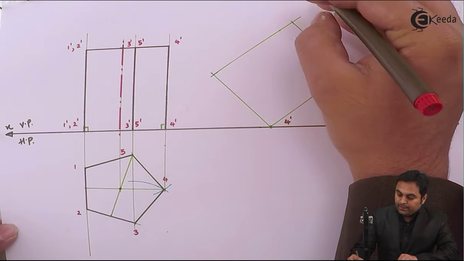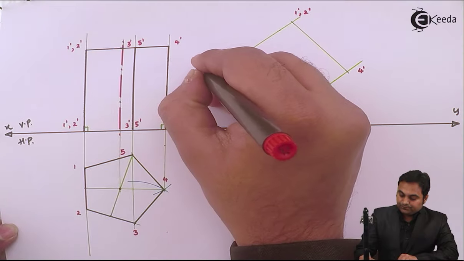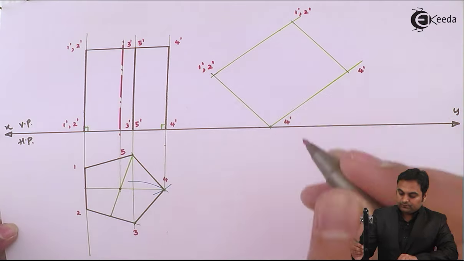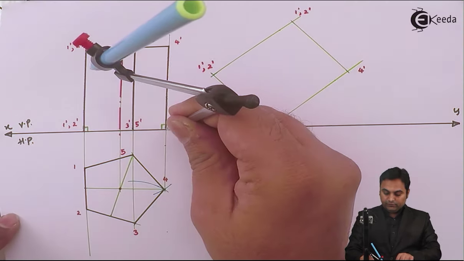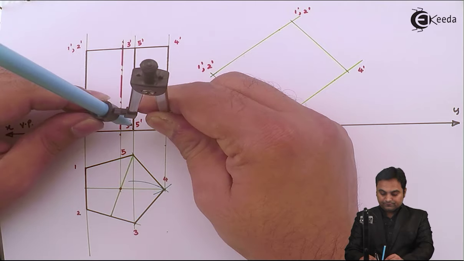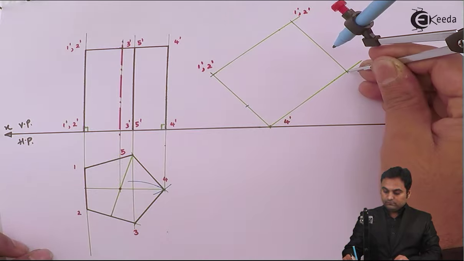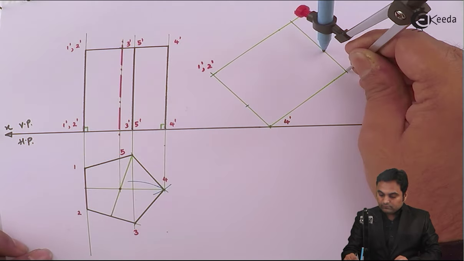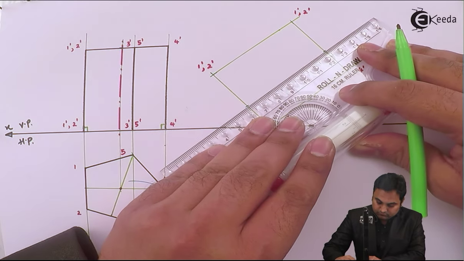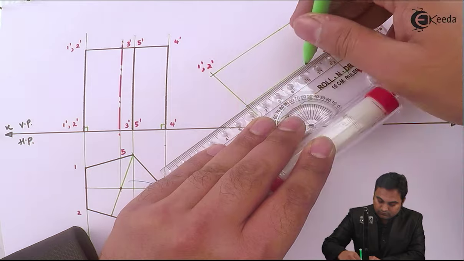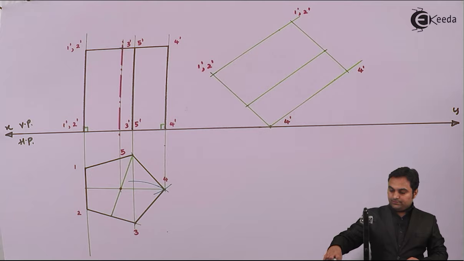Next, this is 1 dash comma 2 dash. Then I'll take the distance from point 4 up to point 3. Drawing a light line. Here also I'll give the notation.